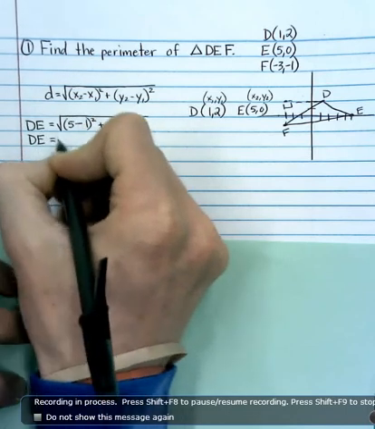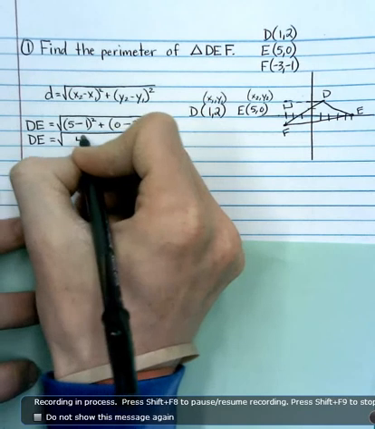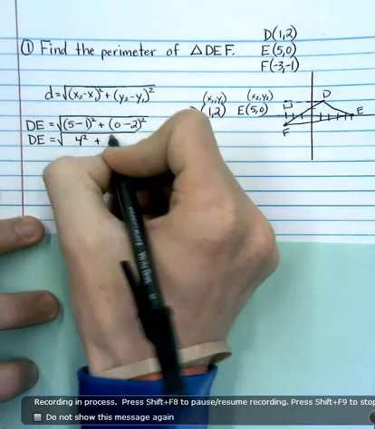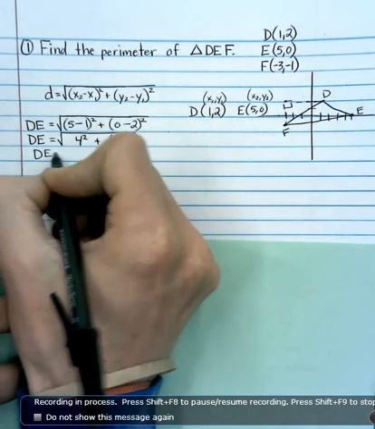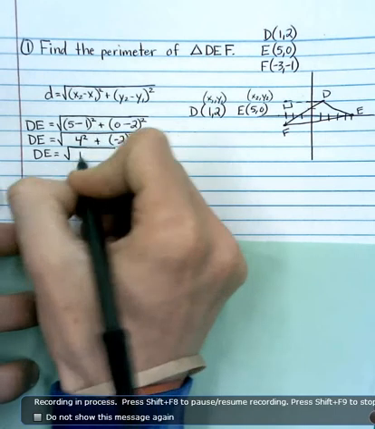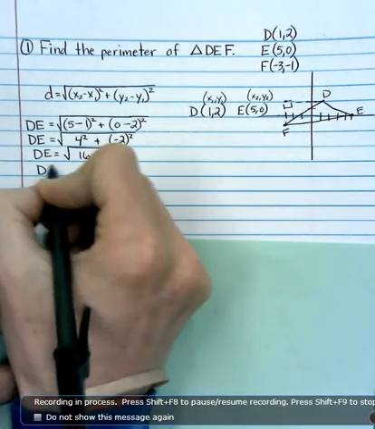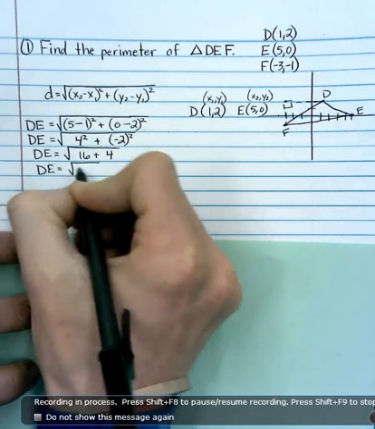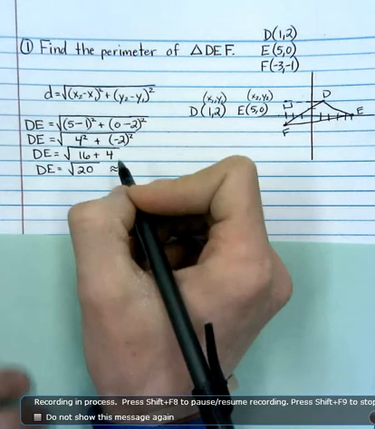Okay, 5 minus 1 is 4 squared. Negative 2 squared. And let's just continue. So you've got the square root of 16 plus 4. And finally, you should have the square root of 20. Or you would say approximately 4.4.